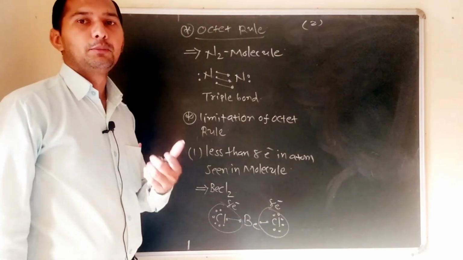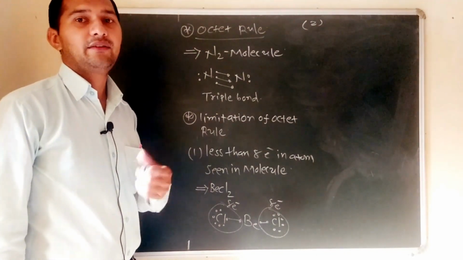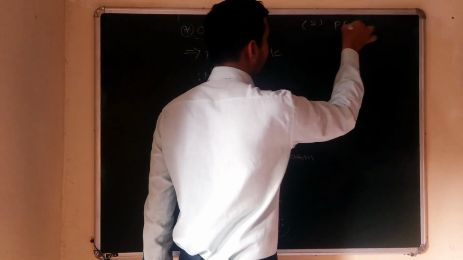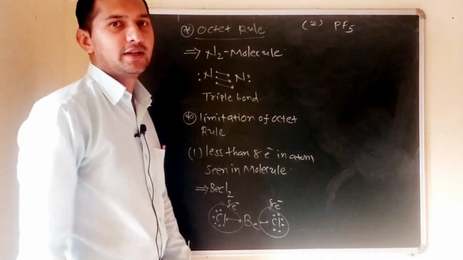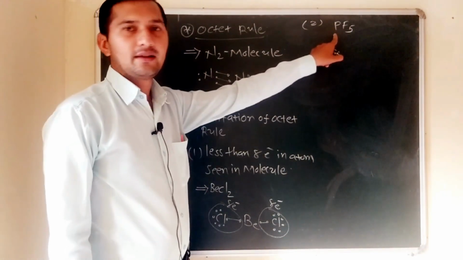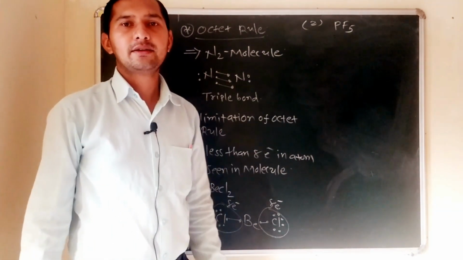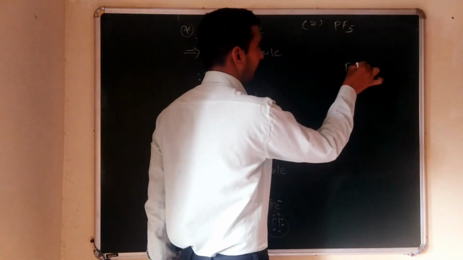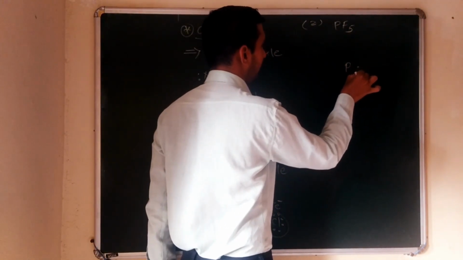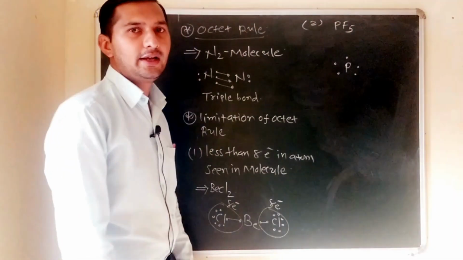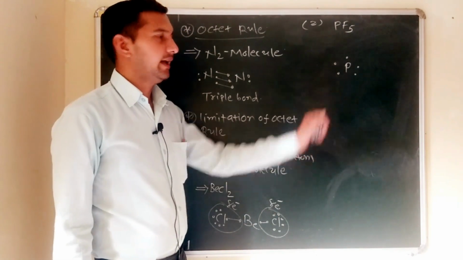For example, PF5 or SF6. PF5 means phosphorus pentafluoride, right? In this case, phosphorus has 5 valence electrons in its outermost shell: 1, 2, 3, 4 and 5. So there are 5 valence electrons in the phosphorus atom.